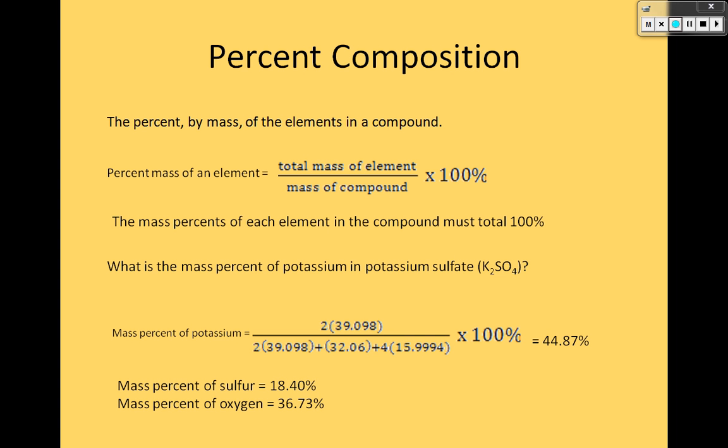By the way, these 4 sig figs are stemming from the mass of the sulfur right here, which is 32.06, and that's 4 sig figs, and that's the least number of significant figures in this entire thing. And so that's what's going to drive our significant figures. And if you add up 44.87 plus 18.40 plus 36.73, you do find it comes out as 100%.